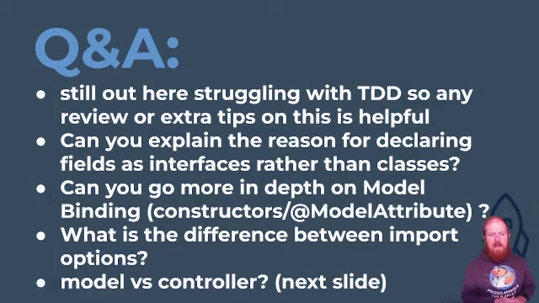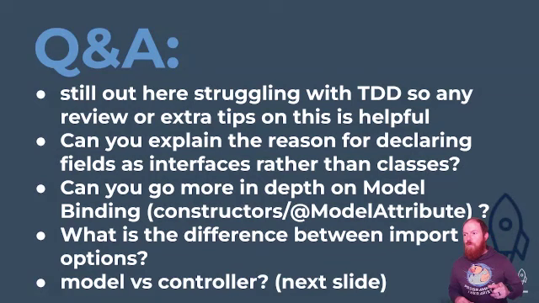What is the difference between import options? Hopefully this one also comes up, but I doubt it will, because I rarely bring in something that has two different libraries that it could bring it in from. But the question here is, when I bring in, let's say, a user object, well, I could have created my own custom user. Spring Security already has a model of a user. You could bring in another library that already has a model of a user.